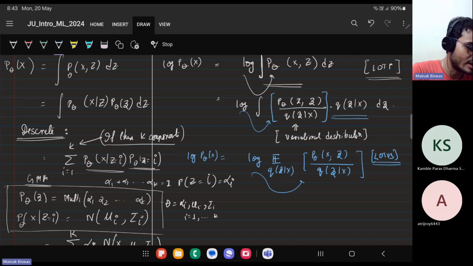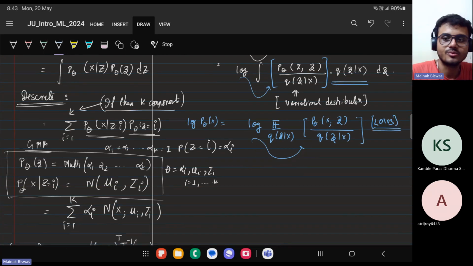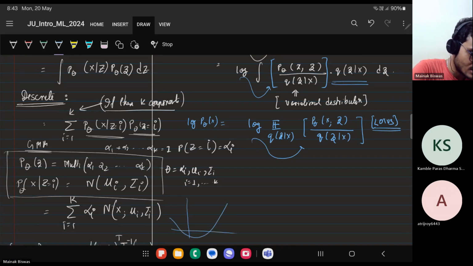We already have one formula. We have derived that. I'll draw the picture if you can recall. Jensen's, yes.